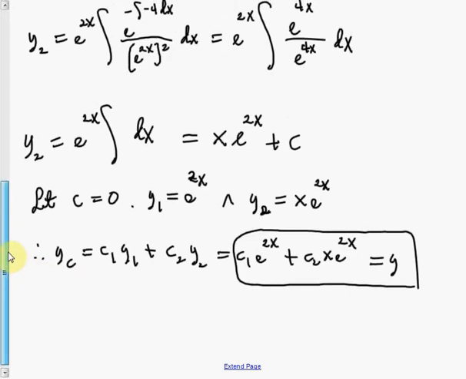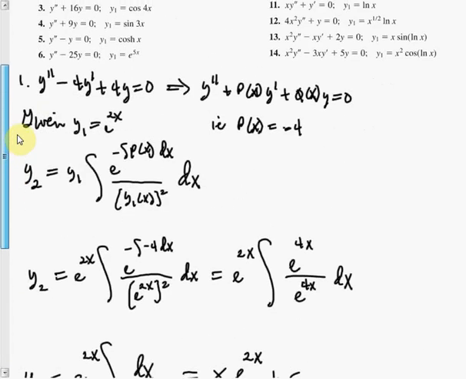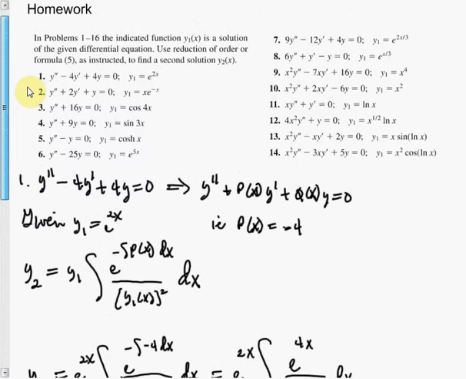Let's look at another one. For example, number 3, y double prime plus 16y equal to 0. The first solution is said to be cosine 4x.